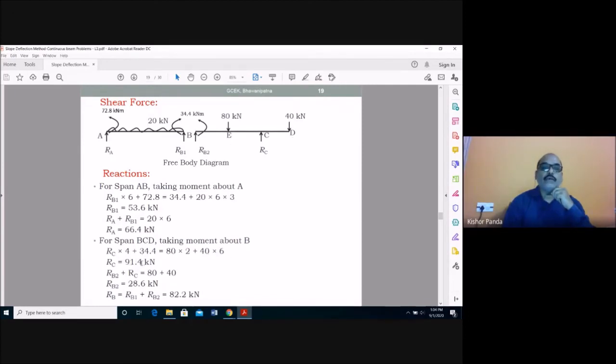Then you will get the value of RC. Then RB2 plus RC is equal to 80 plus 40, so you will find the value of RB2. After getting this, the total reaction RB is equal to RB1 plus RB2, which is 82.2 kilonewton.